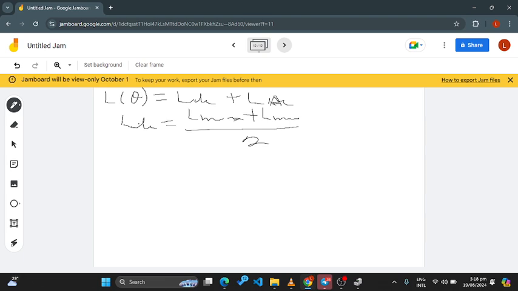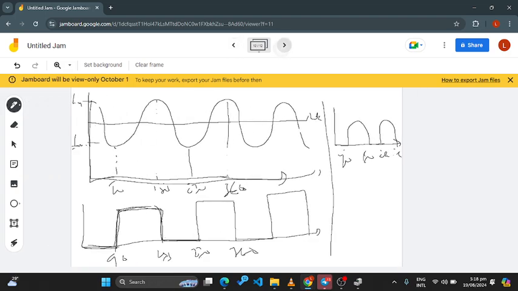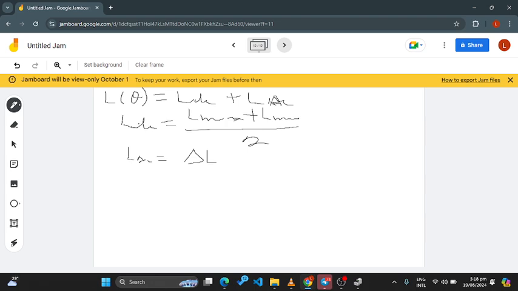Then the AC part, the L_AC, is equal to this guy over here, the change, which is the peak. If you take an AC signal, it is the peak times what?